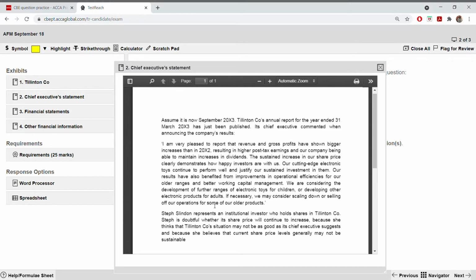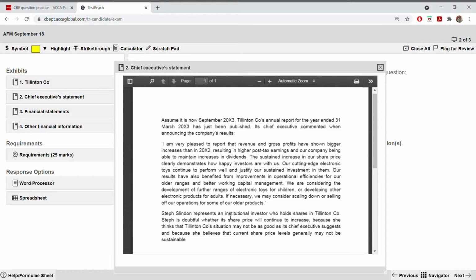And Steve Slinton is an institutional investor who holds shares in the company. He is doubtful whether the share price will continue to increase, because he thinks the company's situation may not be as good as what the chief executive is saying. He believes the current share price levels may not be sustainable. So you see, it is two contradicting statements.